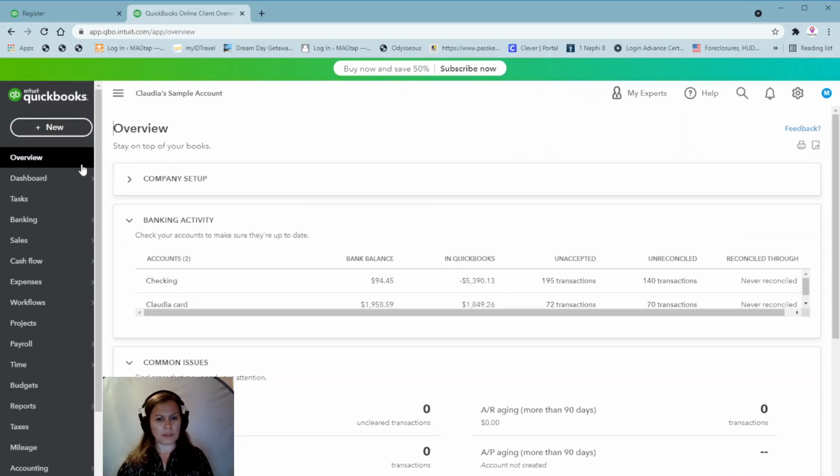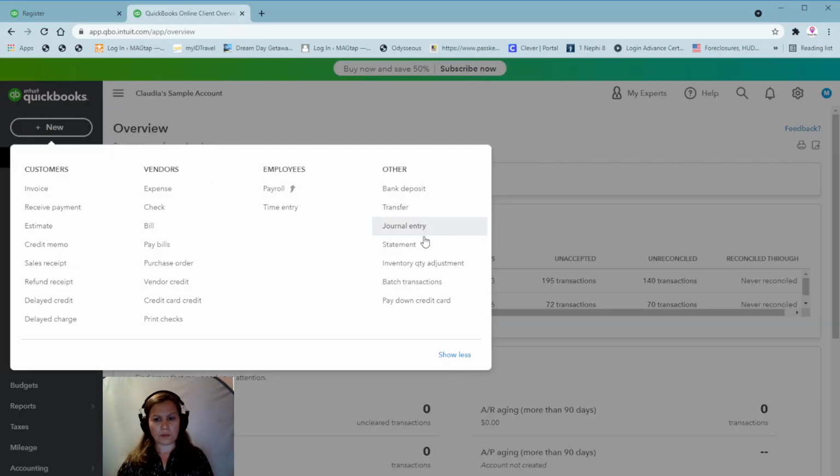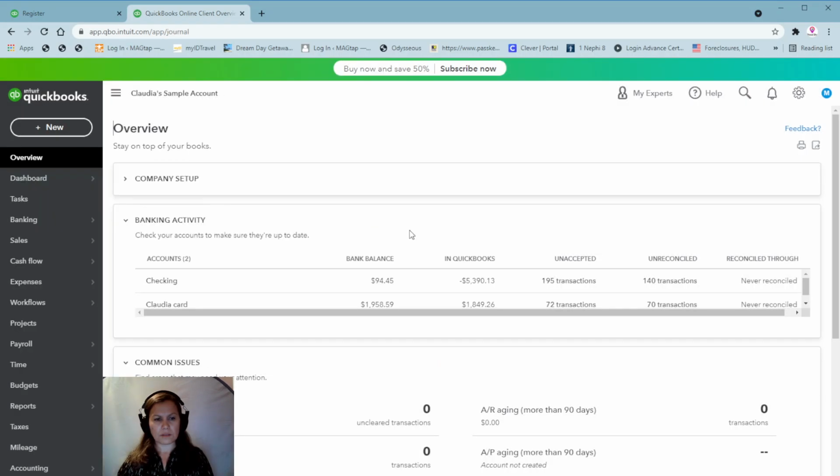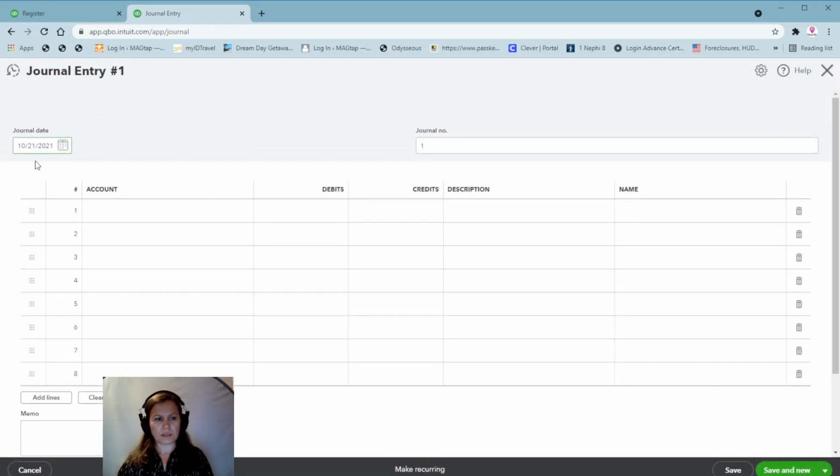Once again, my silly mouse is not working. There it is. Okay, I'm gonna change the date here. The mouse is acting up today.